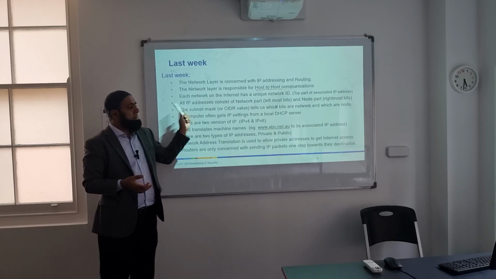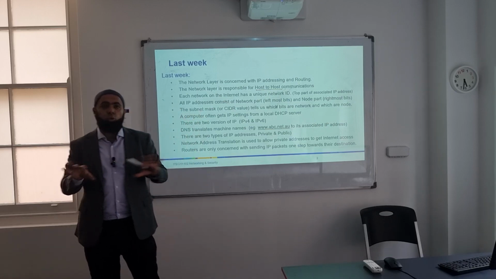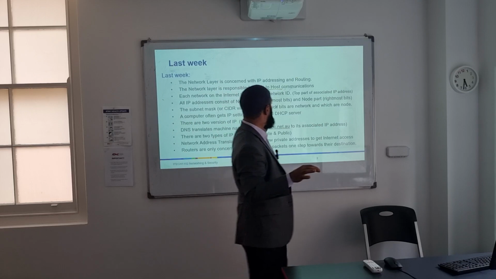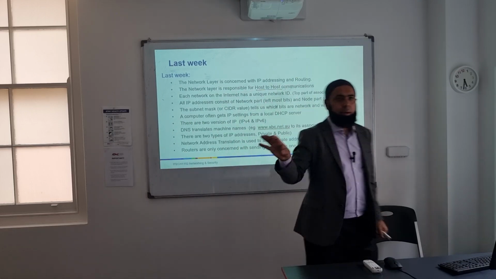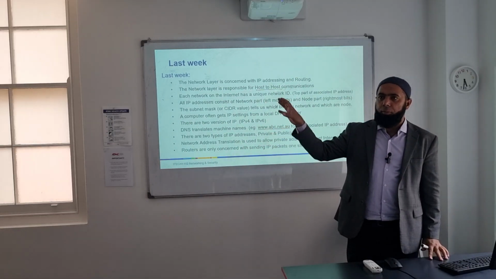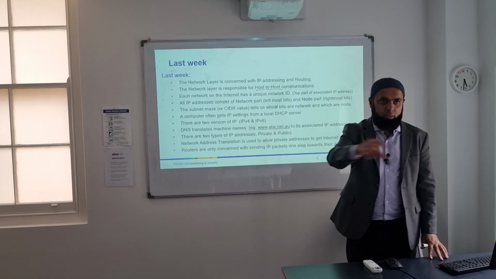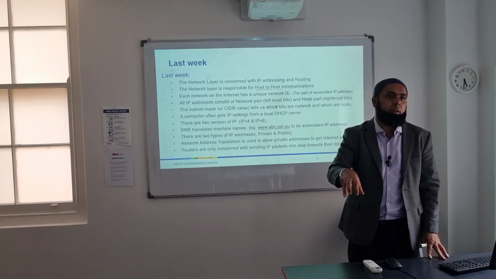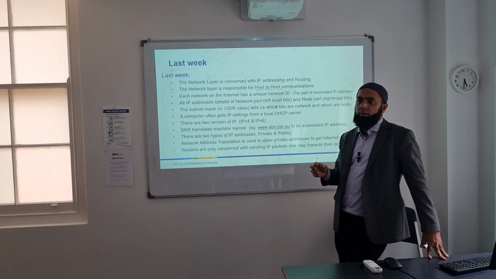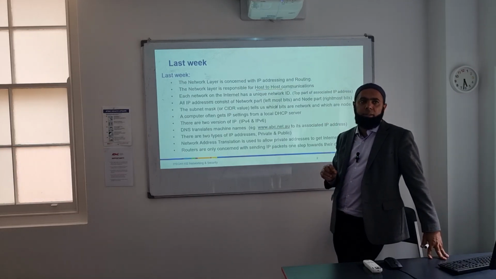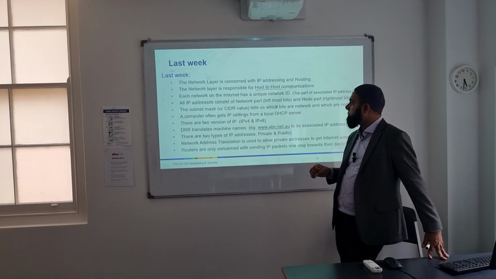And we know that IP addresses are divided into two parts: network part and node part. Network part is the one which is common for everyone. Node parts are the nodes, the computers which we have, and we have different IP addresses for them in the network.